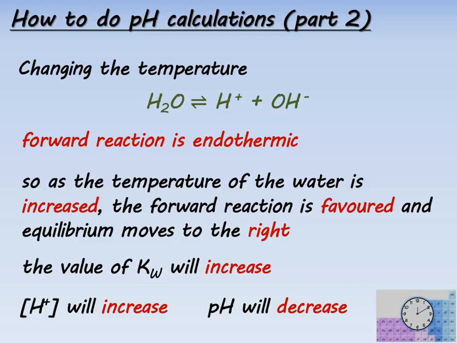So the concentration of H plus and the concentration of OH minus is always the same. pH will decrease, pOH will decrease, but because H plus concentration and OH minus concentration are the same, water is still neutral.